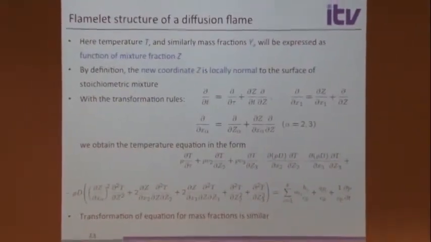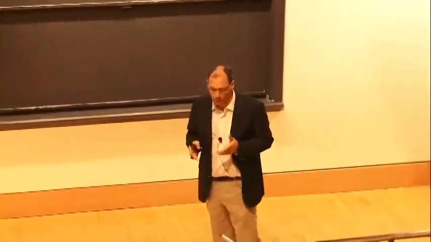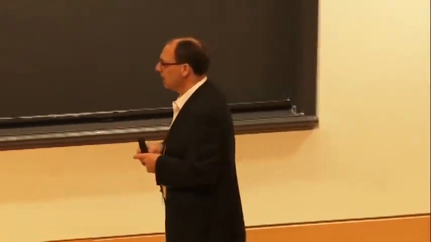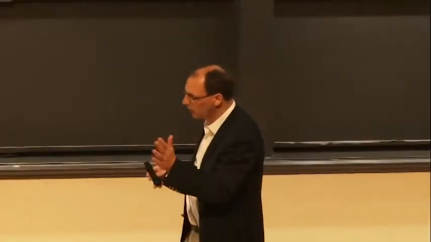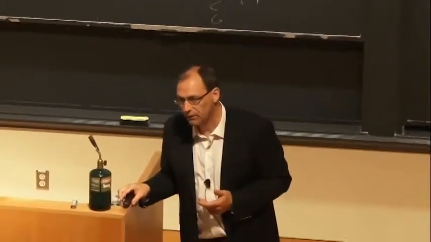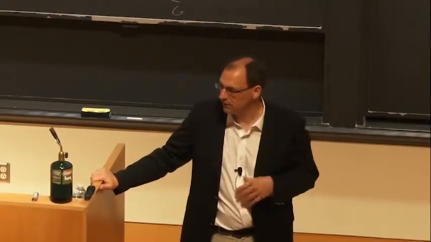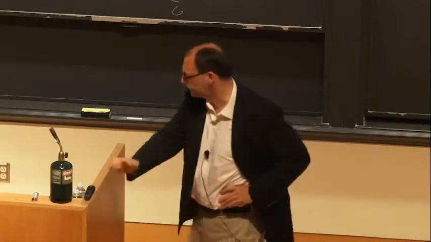I mentioned earlier, we do a coordinate transformation. We did this now, and now we want to do an asymptotic approximation. The first thing we can do, rather than going through the asymptotics, is think what would happen if the chemistry was infinitely fast. Let's say the chemistry was infinitely fast. What would happen then?